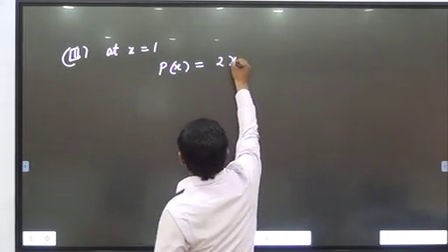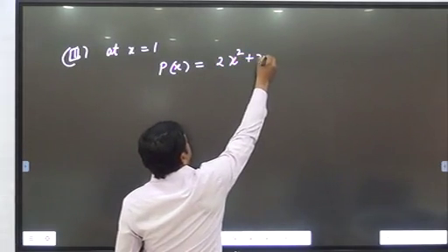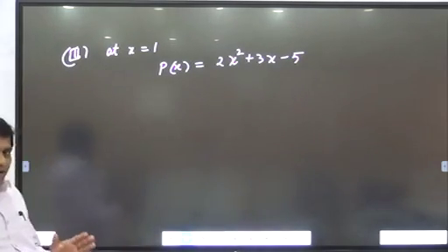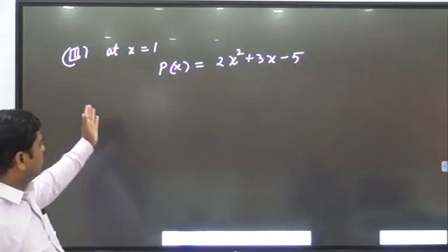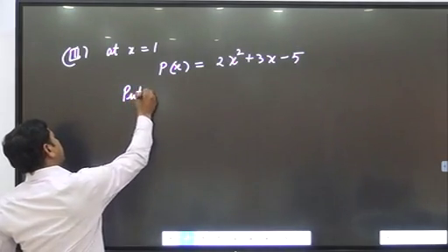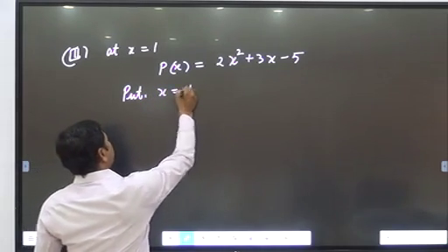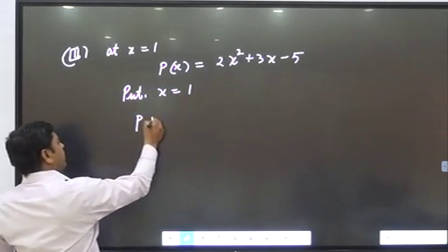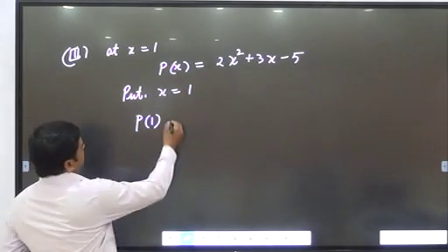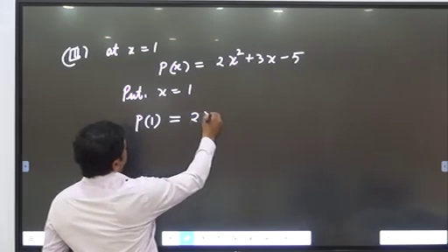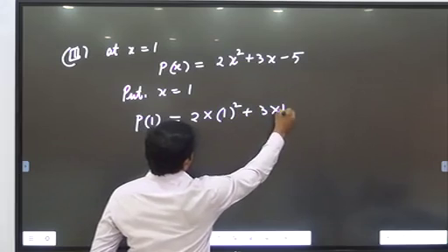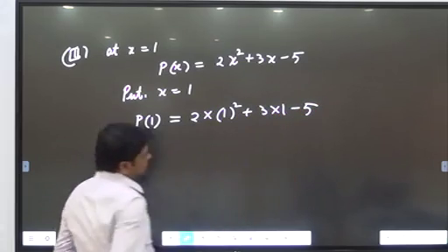According to the last method, we put x equal to 1. We get P(1) equal to 2 into 1 square plus 3 into 1 minus 5.